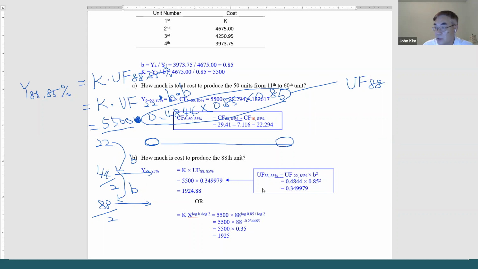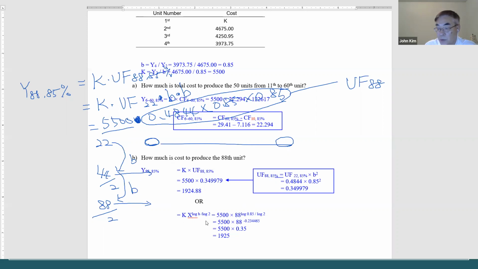So this is unit factor 88. So 5,500K times unit factor 88, that is 0.349979, equals 1924.88.